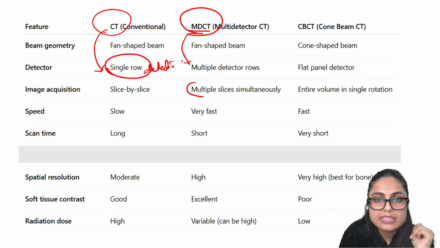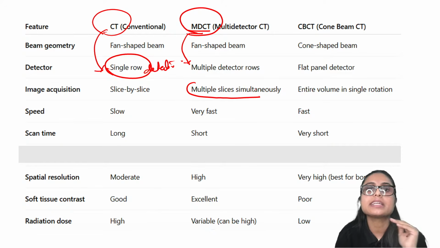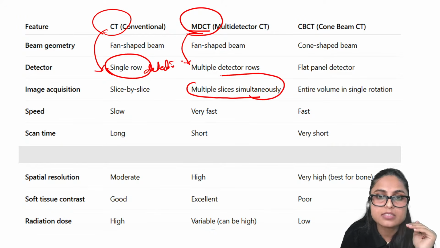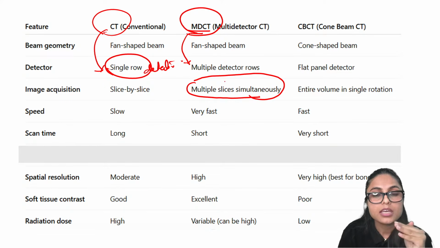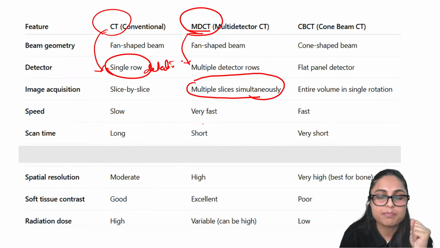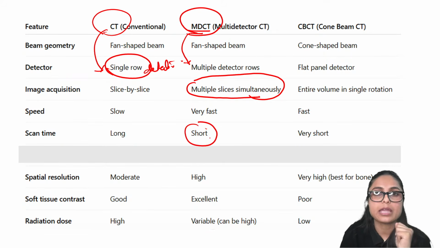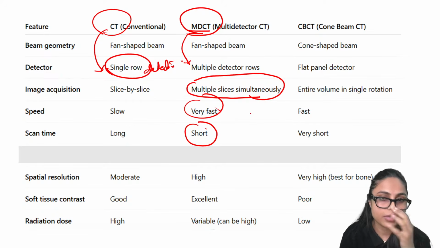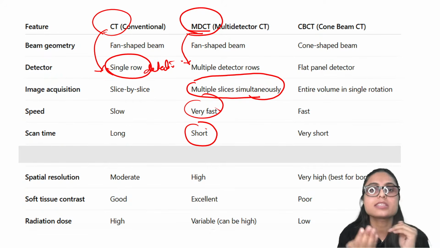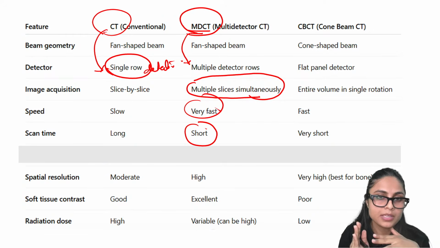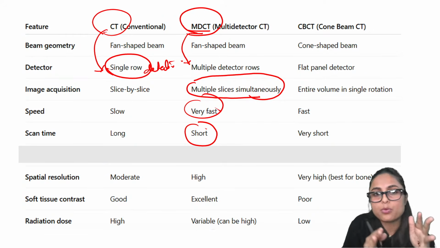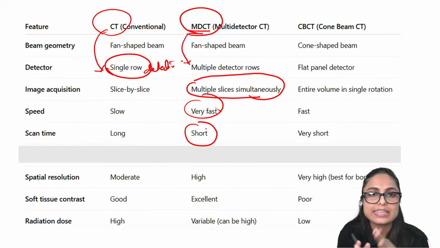Multiple slices are obtained simultaneously. That leads to a short scan time, and the speed of acquisition is very fast. The speed with which the scan is taken is very fast in MDCT. So MDCT is an advanced version of CT scan.